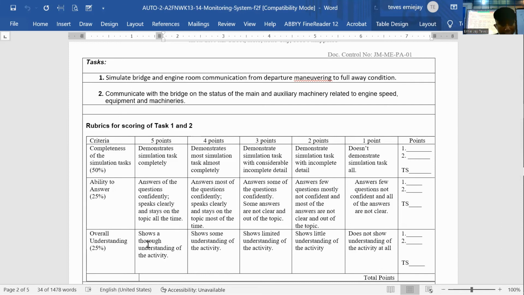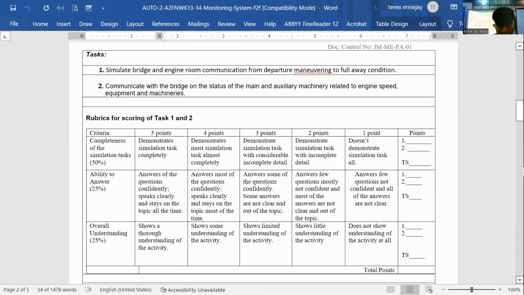And then also, communicate with the bridge on the status of the main and auxiliary machinery related to engine speed, equipment, and machinery, showing thorough understanding of the activity. So for the total score, you will have 30 points.